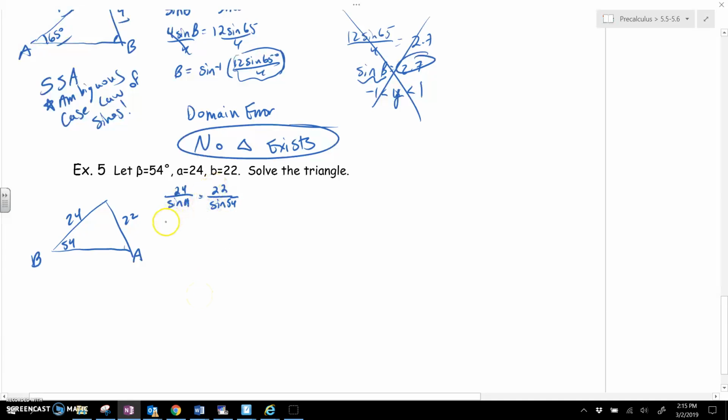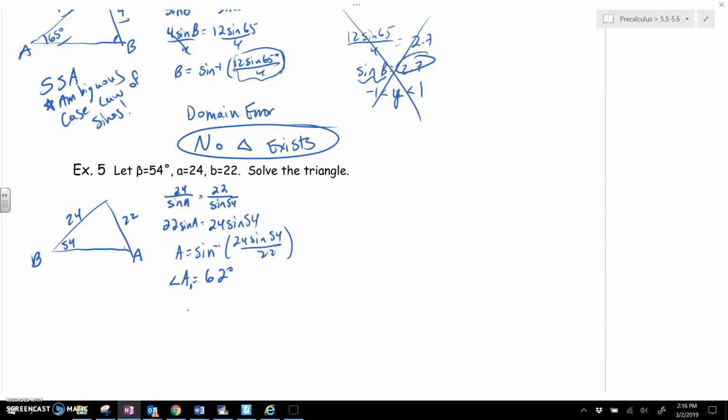And so when I get 22 sine A equals 24 sine 54, I would ultimately end up with A equals sine inverse of 24 sine 54 over 22. And this time when I did that, I got that angle A is 62 degrees.